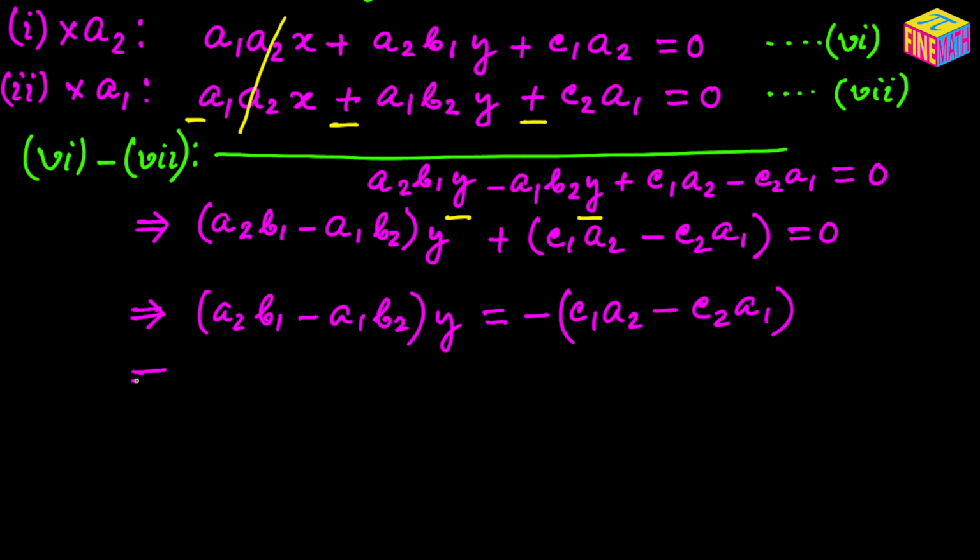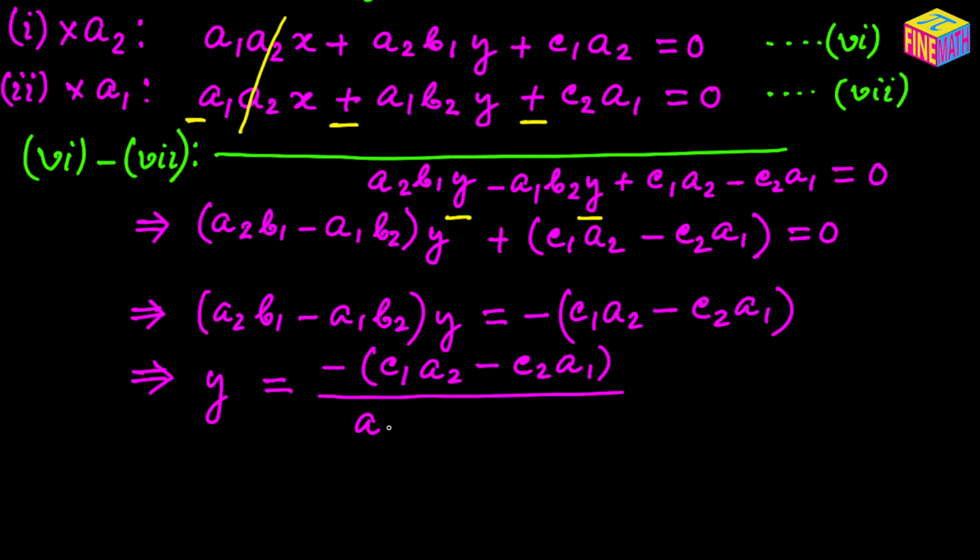Now from here we can say the value of y will be negative of c sub 1 a sub 2 minus c sub 2 a sub 1, all divided by a sub 2 b sub 1 minus a sub 1 b sub 2.